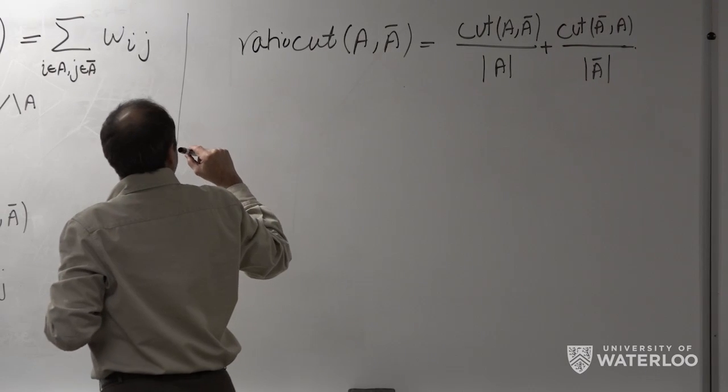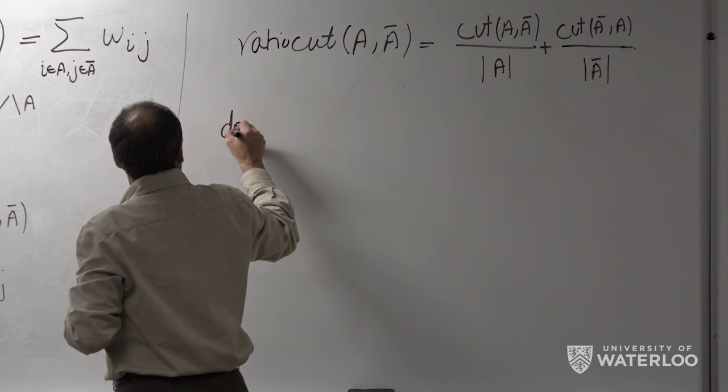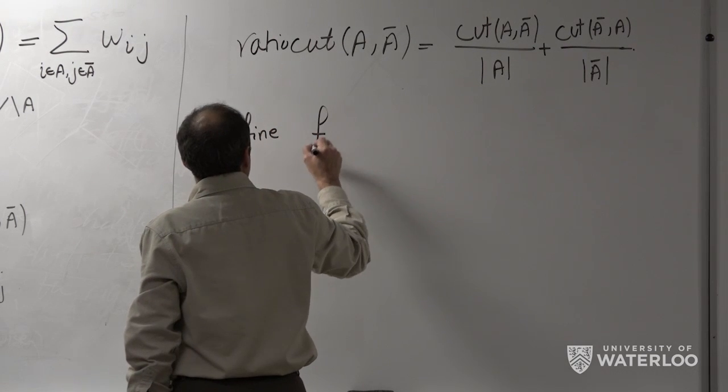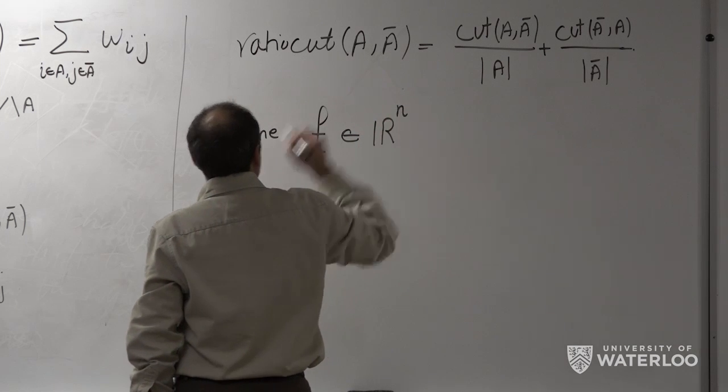Now I define a vector f, which is n by 1.